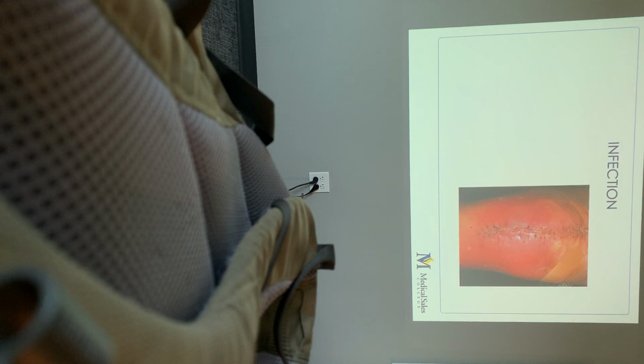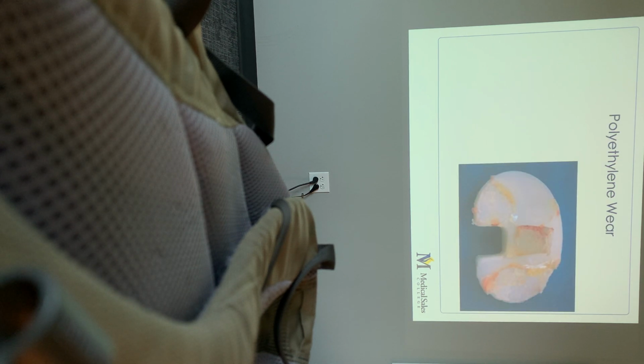What are the problems with total knees? I don't think we have to go through this too long, right? Infection, we know about that. It's a comorbidity, very, very challenging because of the fact that most of these have to go into two-stage, and it's very dramatic for the patient and the surgeon. Polywear, we've understood that for a long time as well.